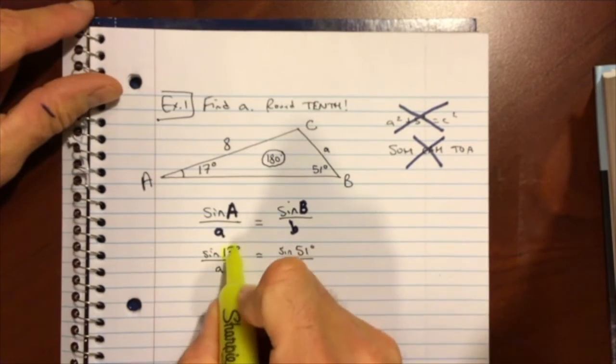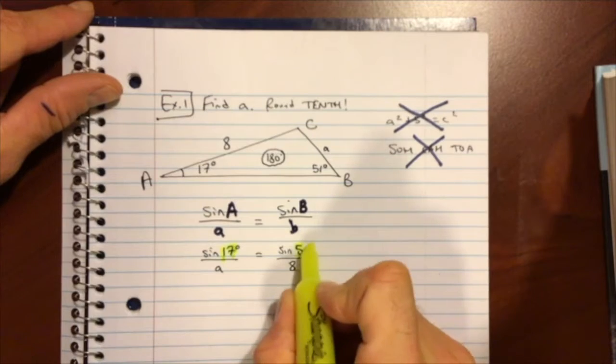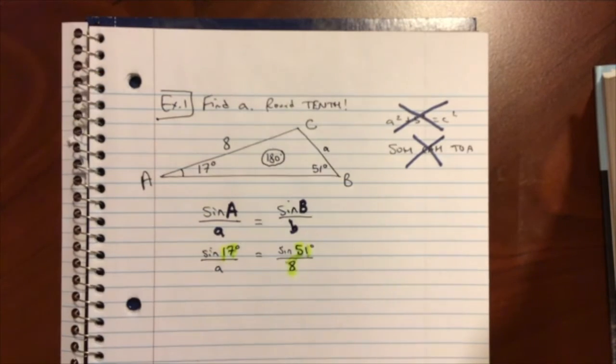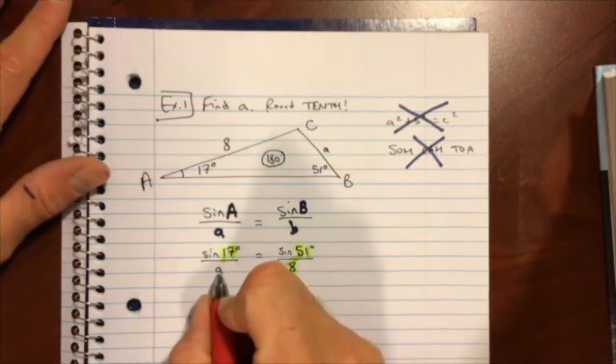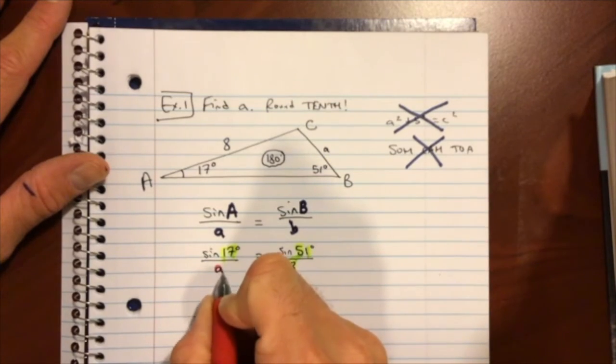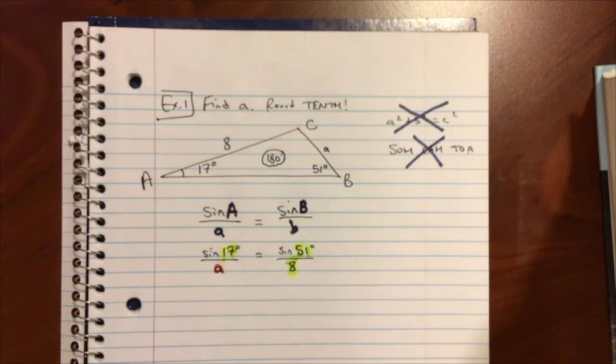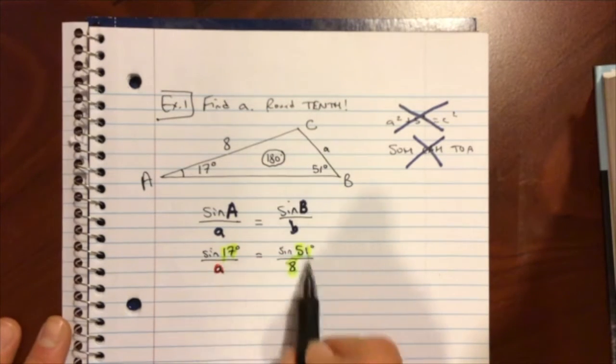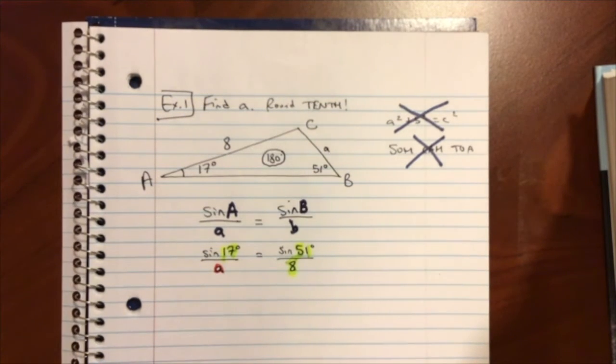Notice how I plugged the 17 in, 51 in, and the 8. If you use this formula correctly, you can always plug in 3. And one of them will be the unknown. There's your variable. Everybody, that's what we're going to try to solve for. So, plugged in 3. We're going to solve for little a.